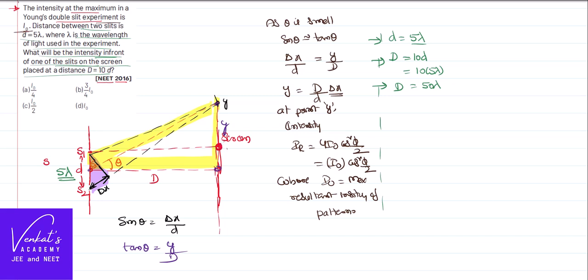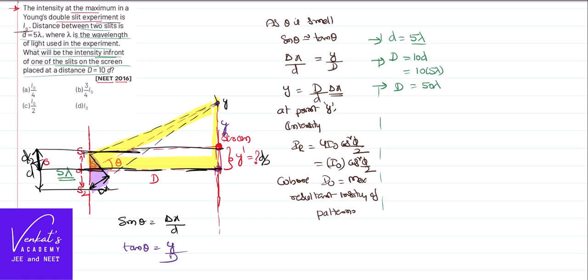One in front of one of the slits means at this point where the intensity is. So, I shall know what this y or this y dash is, as it is very clear that the distance from here to here is the distance between the slits, small d, and this distance is obviously half of that distance. So, the point where he wants to find out is d by 2.